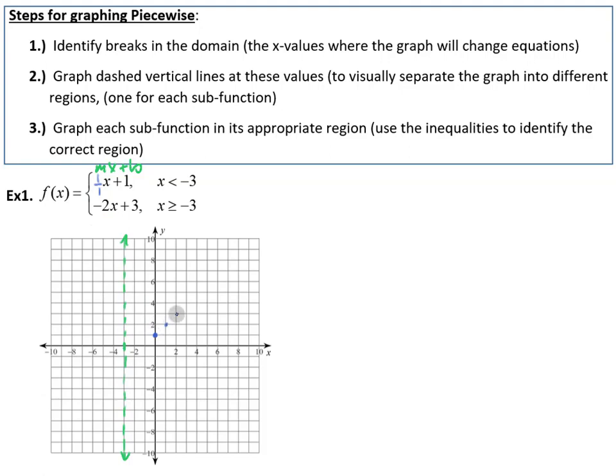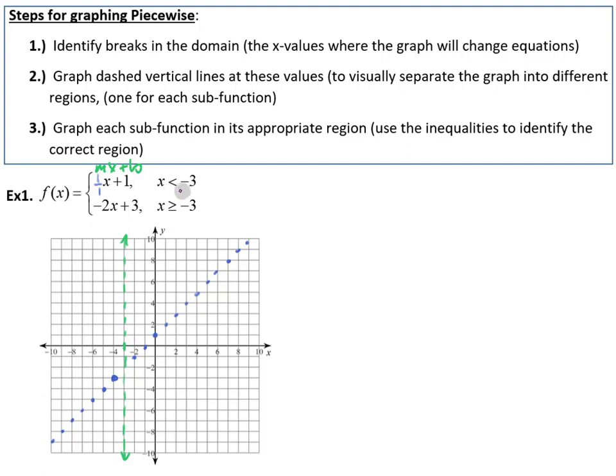So up 1, right 1, that's our pattern we can use for our line here. And of course, following that pattern is down 1, left 1. So I'm going to skip over that part of intersection for now. Okay, so this would be that full line. But I don't want the whole line. I only want it for values less than -3, which would be values to the left.